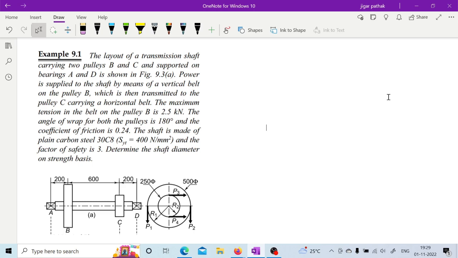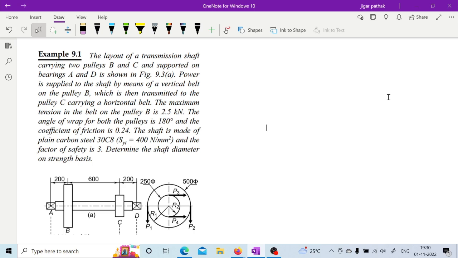The maximum tension in the belt on pulley B is 2.5 kilonewton, the angle of wrap for both pulleys is 180 degrees, and the coefficient of friction is 0.24. The shaft is made of plain carbon steel 30C8 and the factor of safety is 3. Determine the shaft diameter on a strength basis.